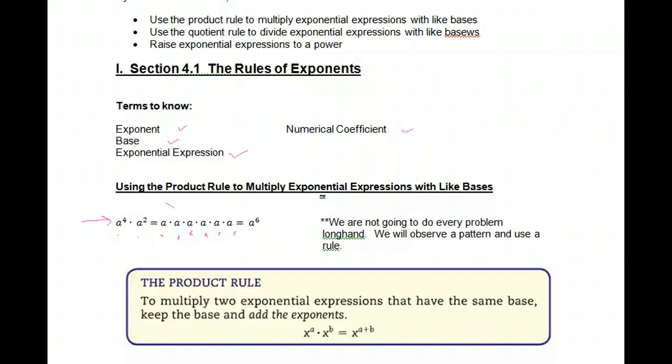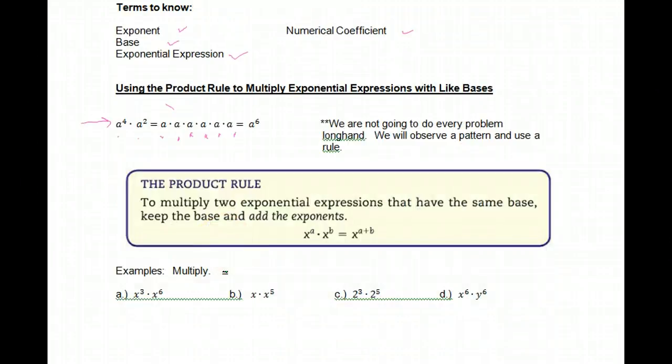We don't want to write 100 a's and 60 a's and count them and put them all back together again, right? We would hope that there is some kind of shortcut or some type of rule that we can follow that would allow us to do that problem significantly faster. And luckily for us, there is.